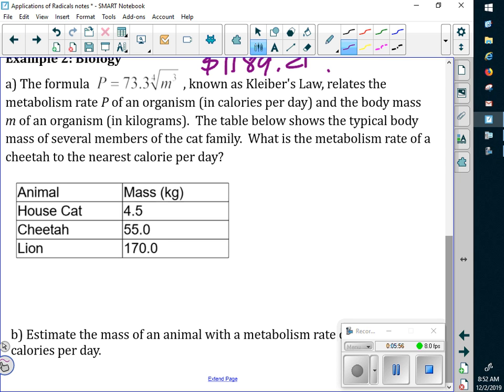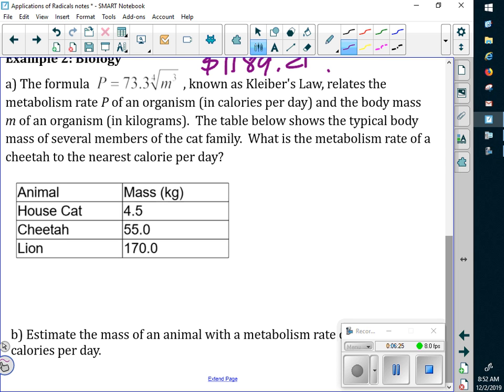You guys know what metabolism is, right? Yep. How fast your body processes food. In calories per day, and the body mass of an organism in kilograms. The table below shows the typical body mass of several members of the cat family. What is the metabolism rate of a cheetah to the nearest calorie per day?